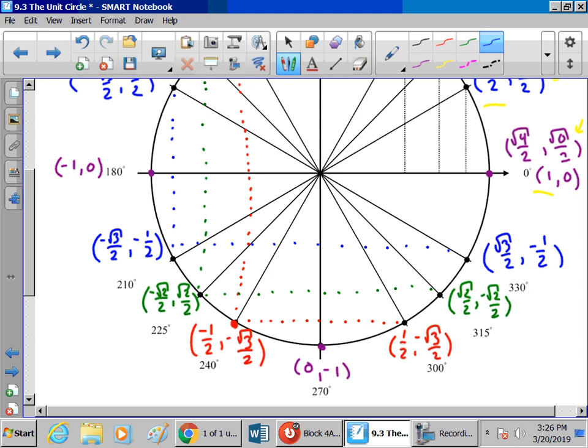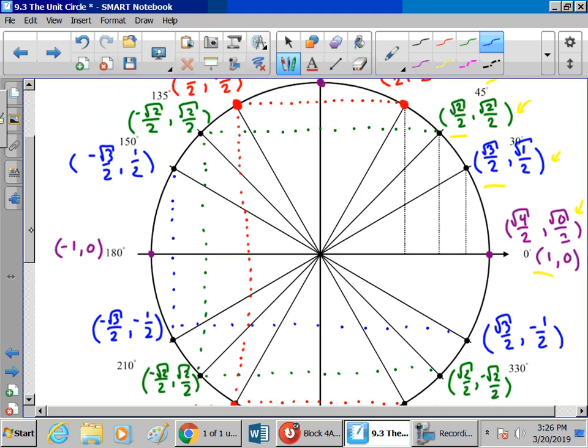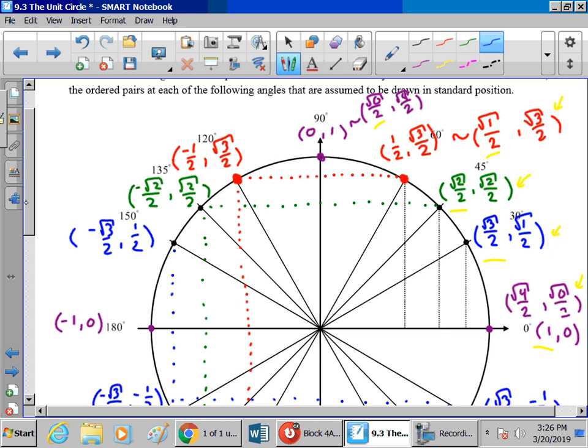I know this seems like a lot, and it kind of is, but we have a bunch of really good strategies for figuring out how to get these in your head quickly. So we can either do our rad 1 over 2, 2 over 2, 3 over 2, 4 over 2 method to find all the things in the first one, or we can just memorize those points. And then from there, all you ever have to do to get all the other points is just flip across your axes and reverse your coordinates.